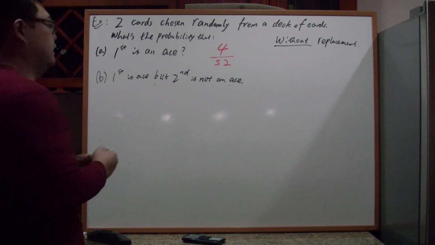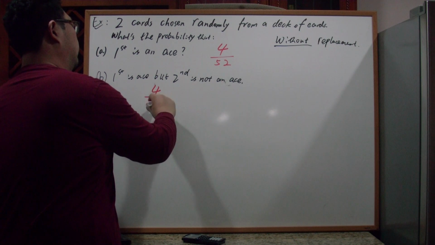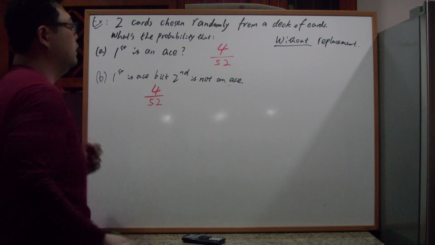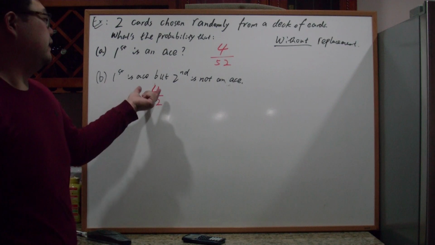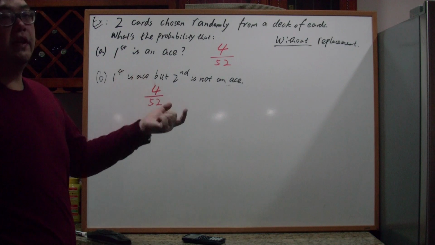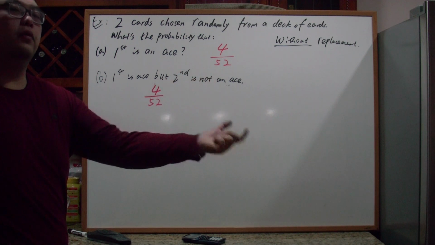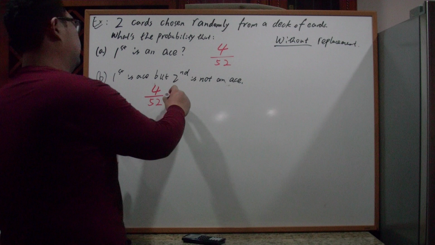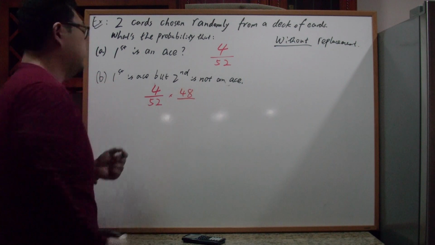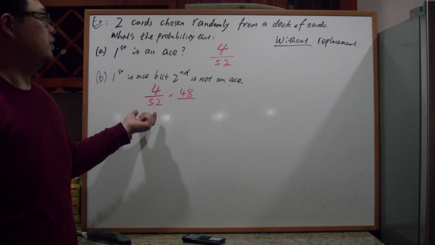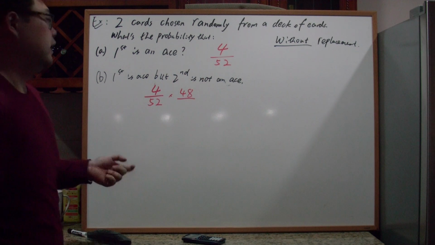The first card is an ace, that's 4 cards out of 52 in total. And we set 1 aside, right? That's 4 aces, which leaves 48 that are not aces. We select the second one from the pool of non-aces. But instead of 52, because it is without replacement, the deck will become 51 instead.